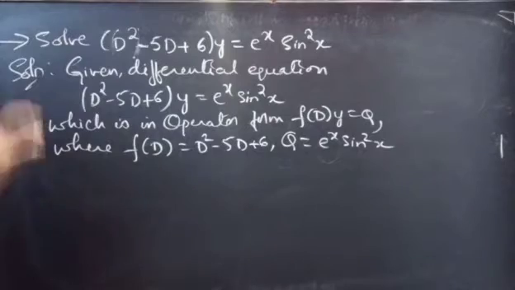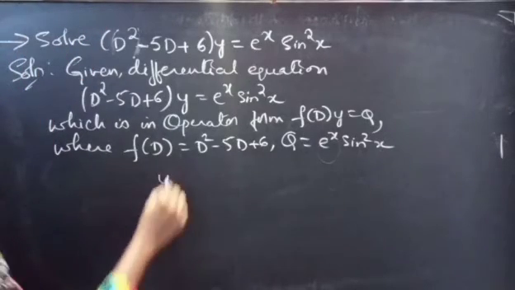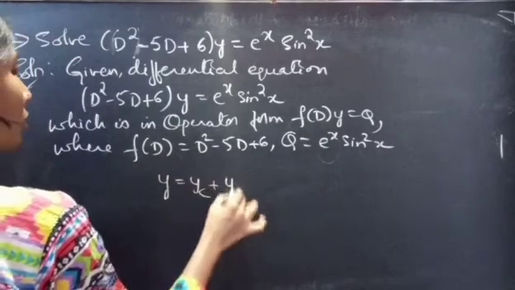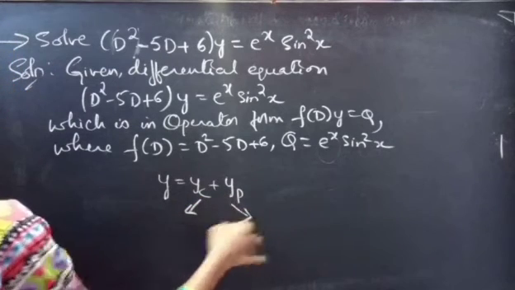Now we need to find the general solution to the given equation, which is given by y = yc + yp. Here yc is the complementary function, yp is the particular integral.